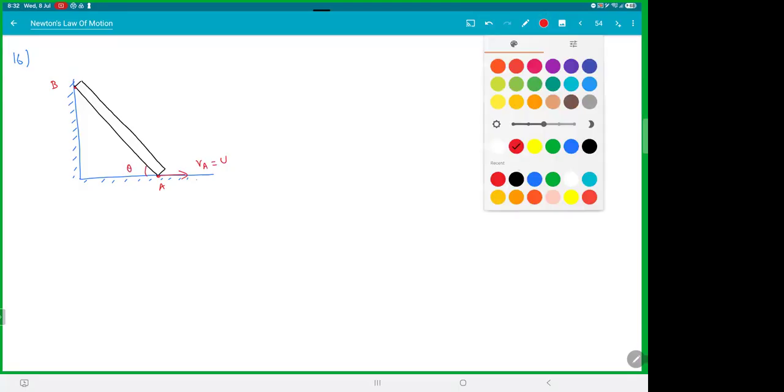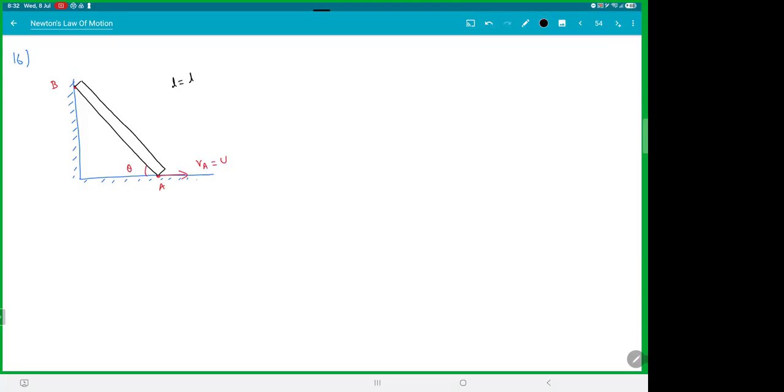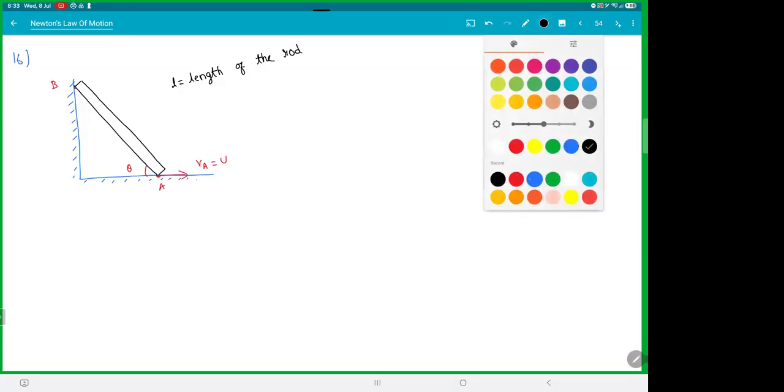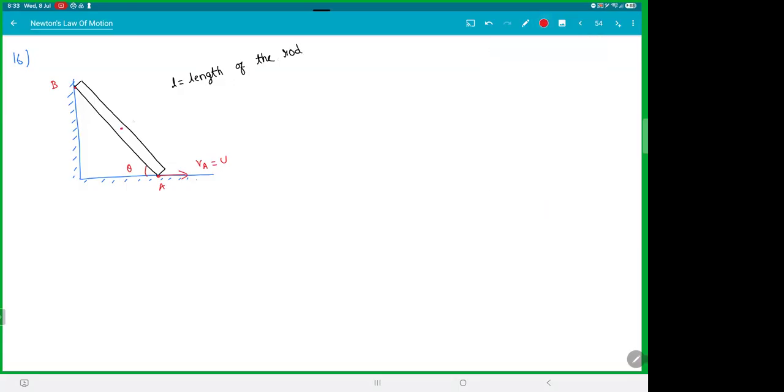This is theta. L is the length of the rod. C is the center. D is some random point here at a distance of D from A. There. So there is a lot of things there.